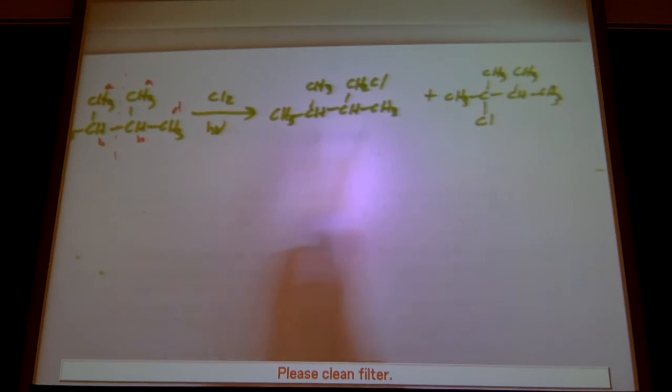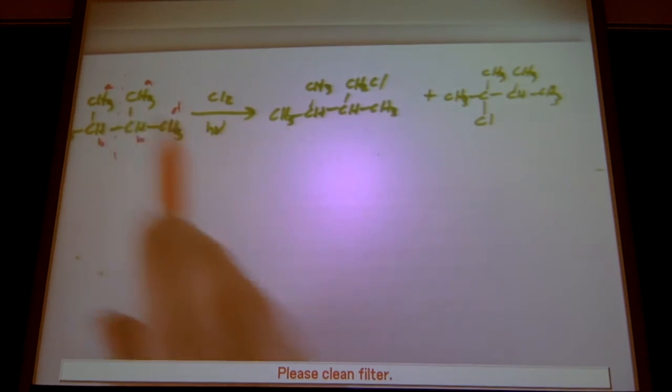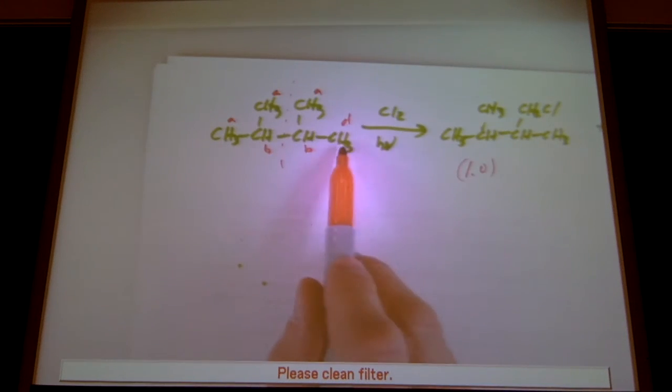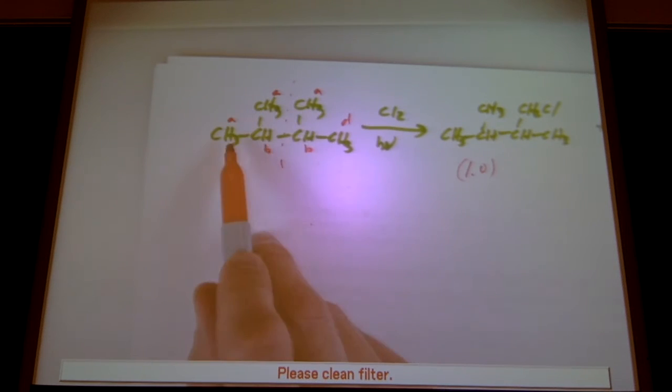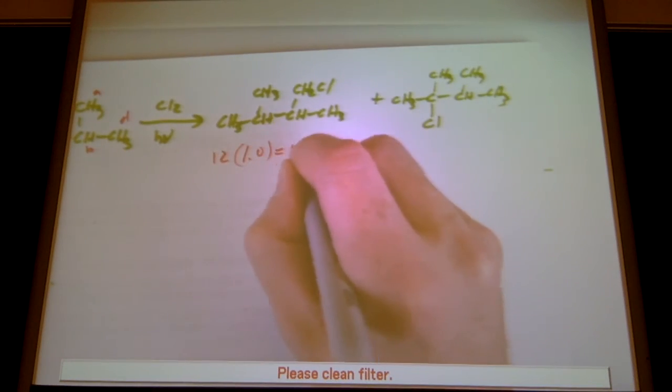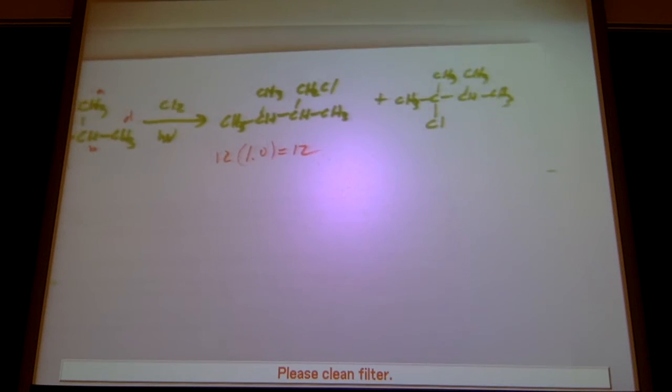So now if I calculate the ratio of each one of these, so this group here for A, those are primary. So primary is just 1. And I have 6, 9, 12 of those hydrogens. So I'm going to take 12 times 1.